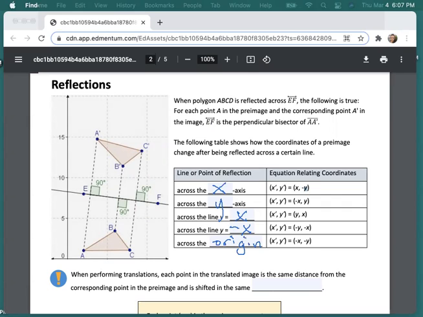And if it's helpful, you can think about your quadrants and what the signs are for your quadrants. Here, x and y are both positive, x is negative, y is positive. Here, x and y are both negative, and here x is positive and y is negative. So that can be helpful to think about as well.